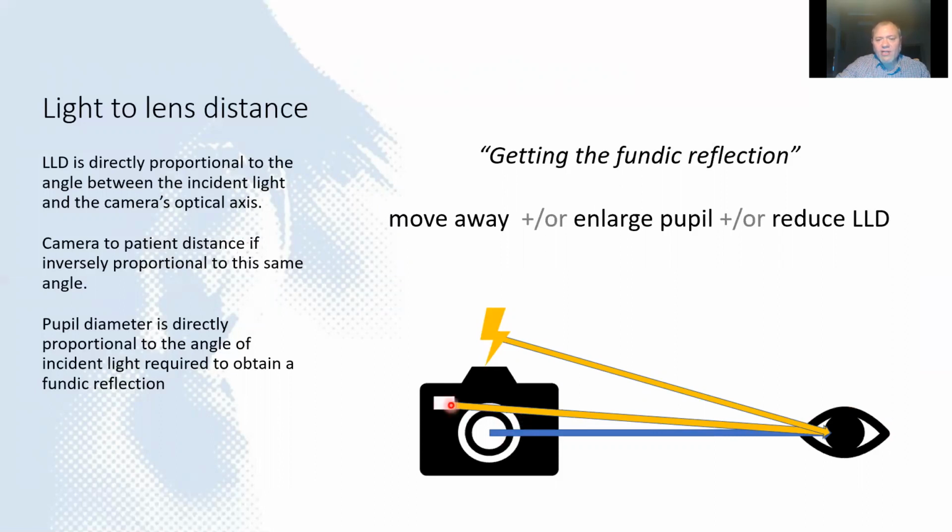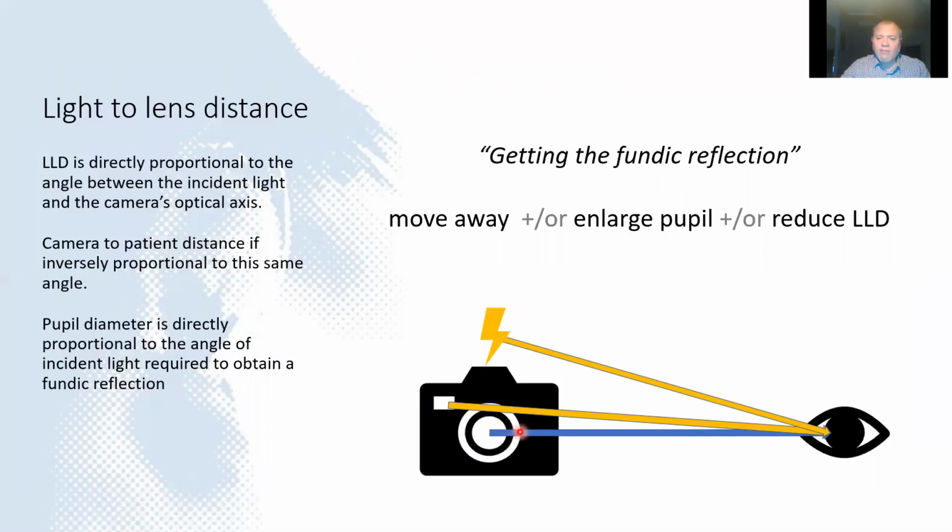If the flash is close to the lens, then the light as it hits the eye becomes near coaxial, and coaxial light, in the same way as our visual gaze, will go straight to the pupil of the patient we're looking at and bounce off the fundus. We see that in photographs of humans as red eye reflection. So the closer your flash is to your camera, the more likely you are to get a fundic reflection.